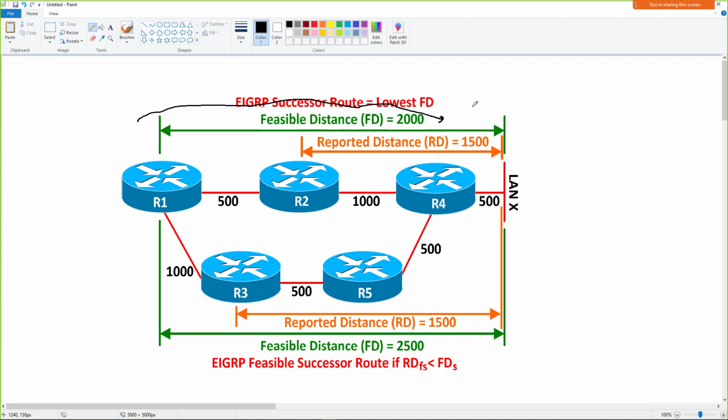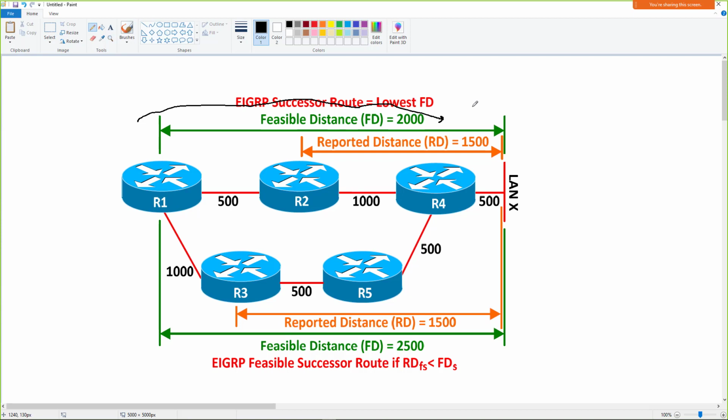It's basically OSPF LFA implementing a feasible successor type of implementation within the protocol so that we can do faster convergence and so on. It's not something that exists by default, but you can configure it.